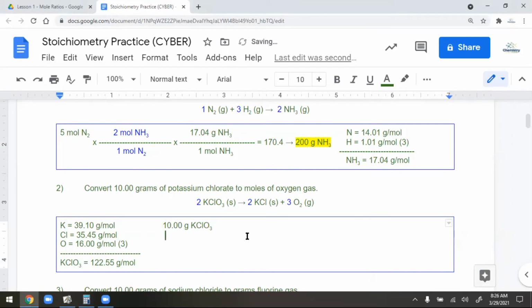So in our first fraction, we're going to be converting from grams to moles. And then in our second fraction, we'll convert from moles of potassium chlorate to moles of oxygen. So we're going to begin by putting that molar mass on the bottom, so our units of grams will cancel out.